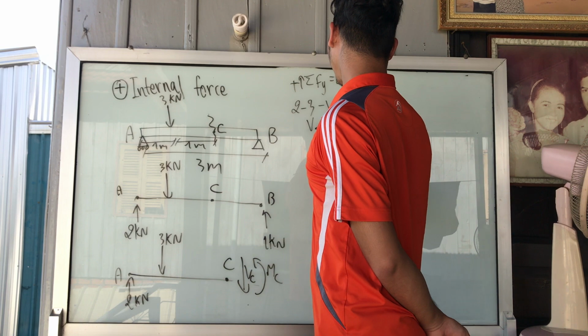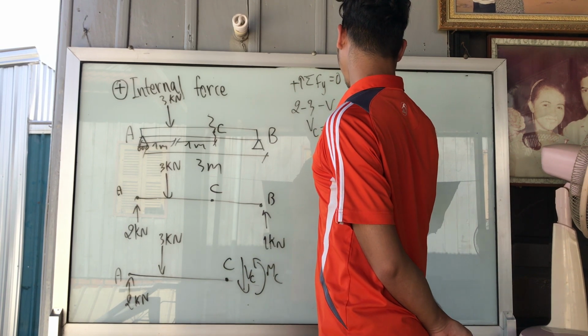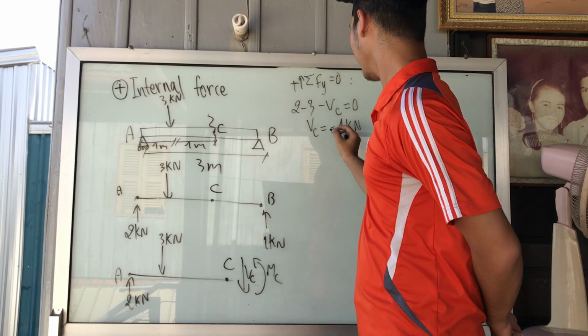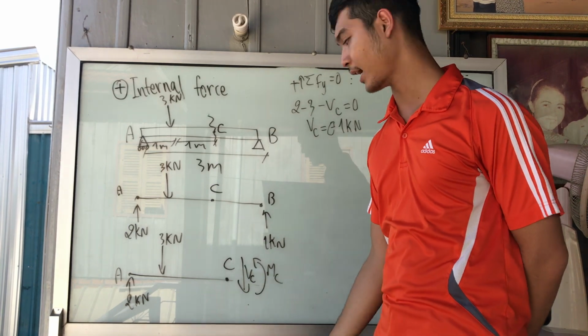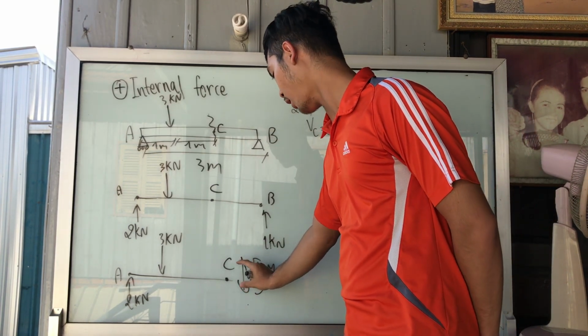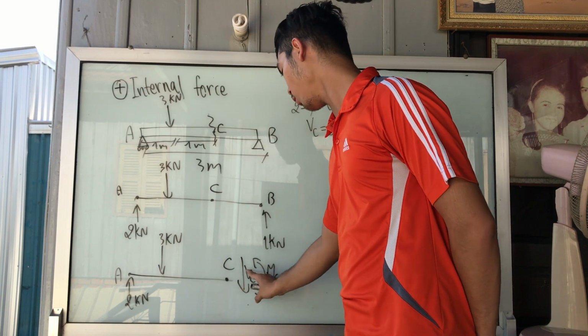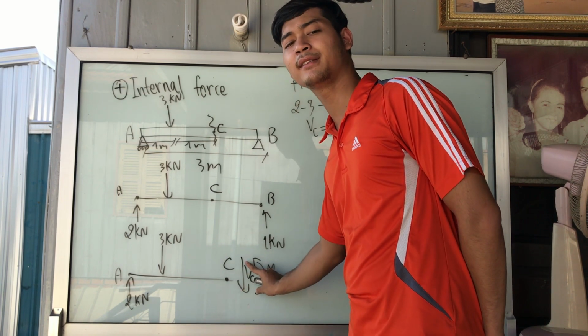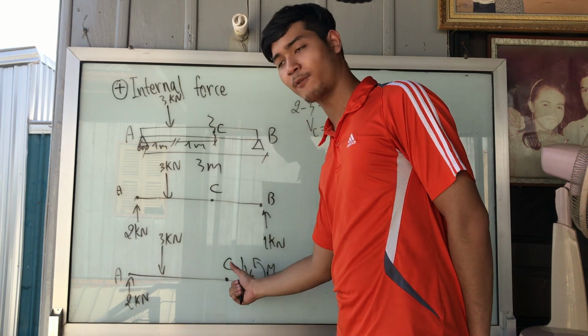And then we get Vc equal to minus 1 kilonewton. This minus sign means that Vc is in the opposite direction. So basically, Vc is in the upward direction.